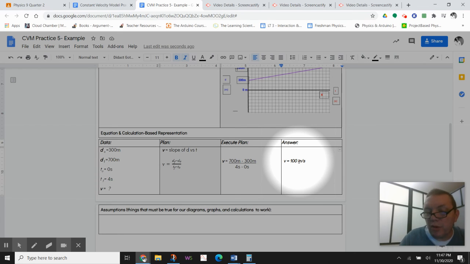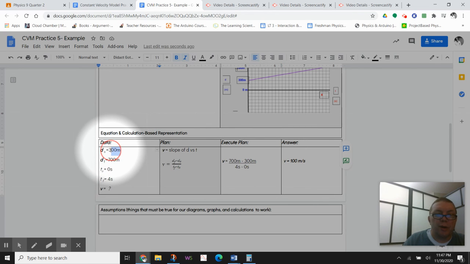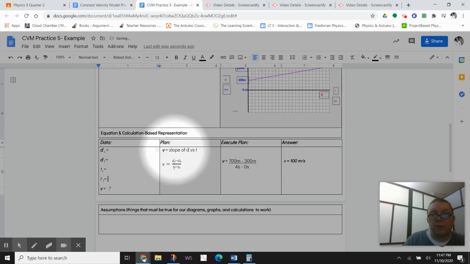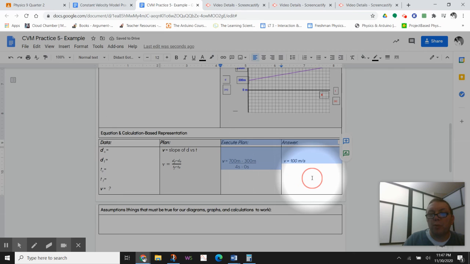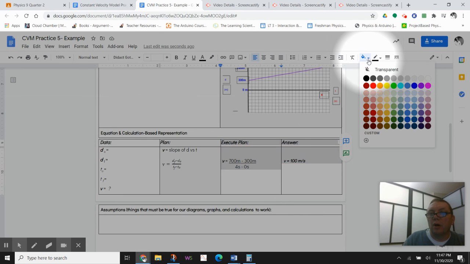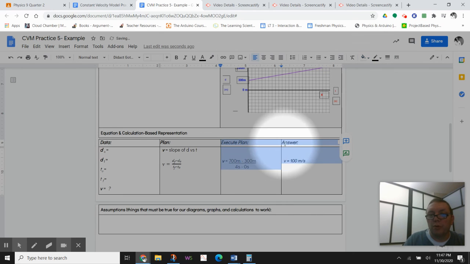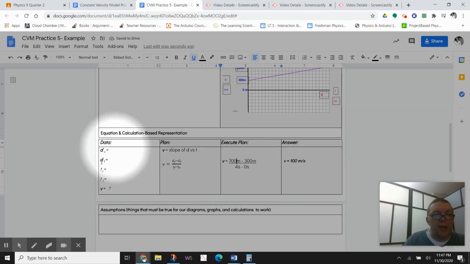I want to show you one more thing, just because there are a couple of examples of this. There are a couple of questions where the other portions of the question are provided. It might be that the execute the plan and the answer are made available to you in the problem, but the data isn't.